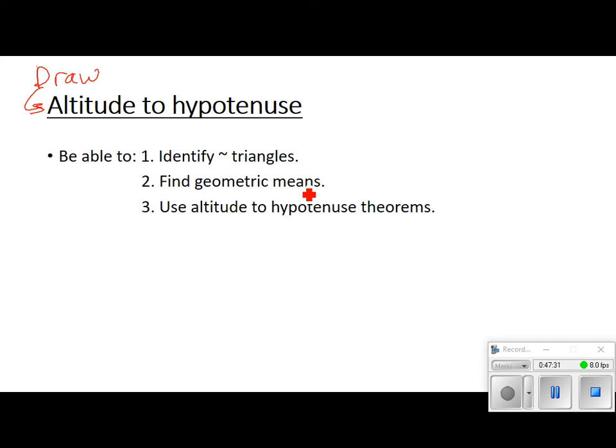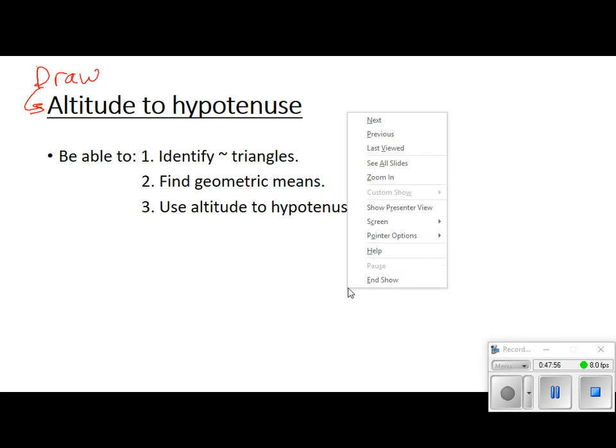Some of you still have that fifth grade mentality and think every time somebody says mean, it means add them all up and divide by how many there are. There are many different kinds of means in math. Be able to use altitude to hypotenuse theorems. There are two of those we're going to talk about. Everybody got it now?